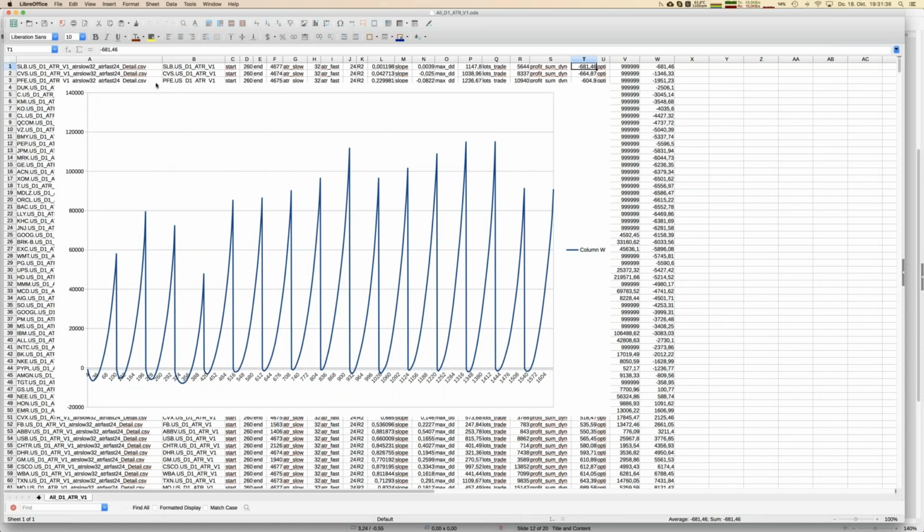And the list here is sorted along the profits. So that was the worst strategy for that combination of ATR slow and ATR fast. Then we have the second worst, which is this one here. And what I do is I sum up those numbers. And those create that curved line.